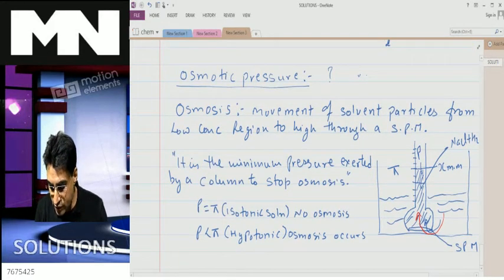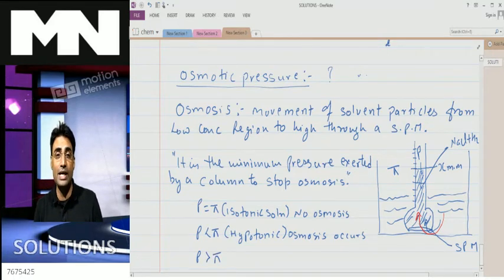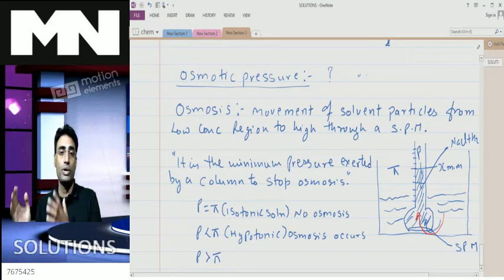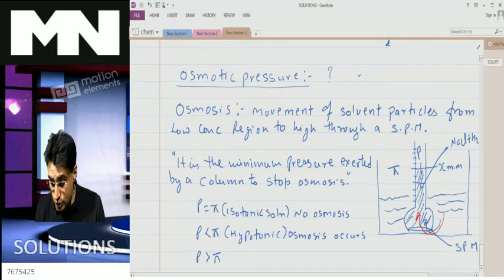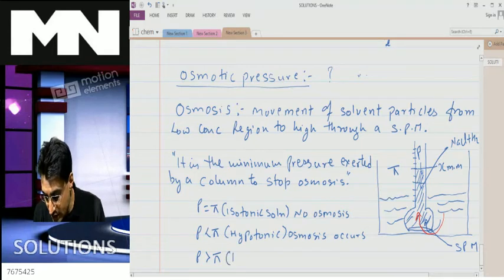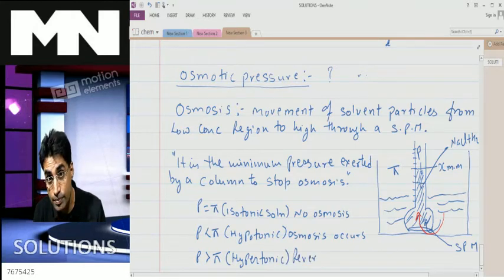If the pressure of the column is more than osmotic, the solvent particles will start moving out. That means reverse osmosis will occur. Such a solution is known as a hypertonic solution.